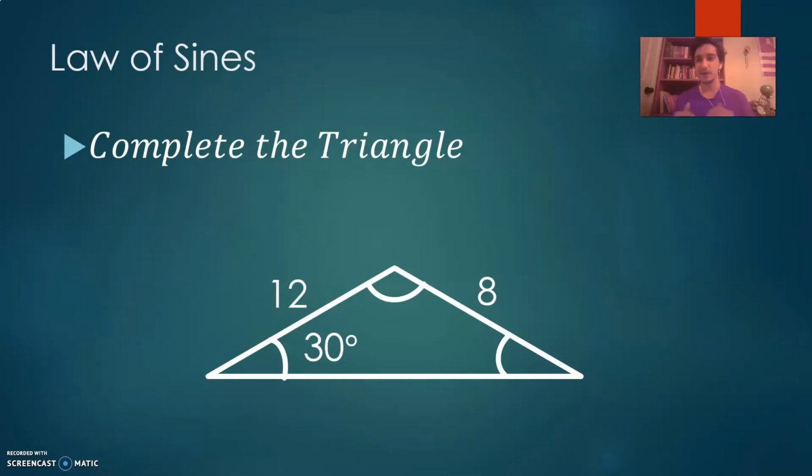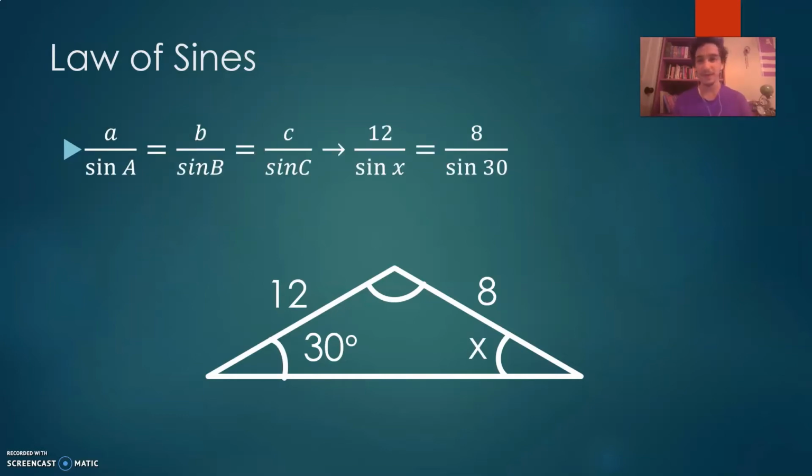Alright, so hopefully you have done so. Now let's take a look. I have the relationship up on the left side of the screen, and you can see that here the side length 8 corresponds to the angle 30 degrees, and 12 corresponds to this angle x. So we're going to set up the relationship 12 over sine of x is equal to 8 over sine of 30.